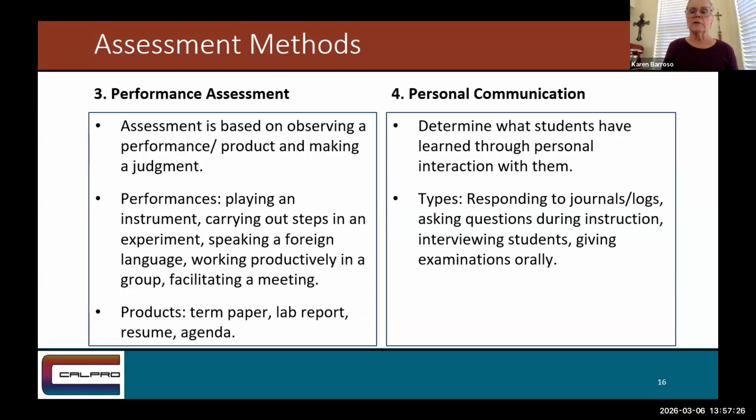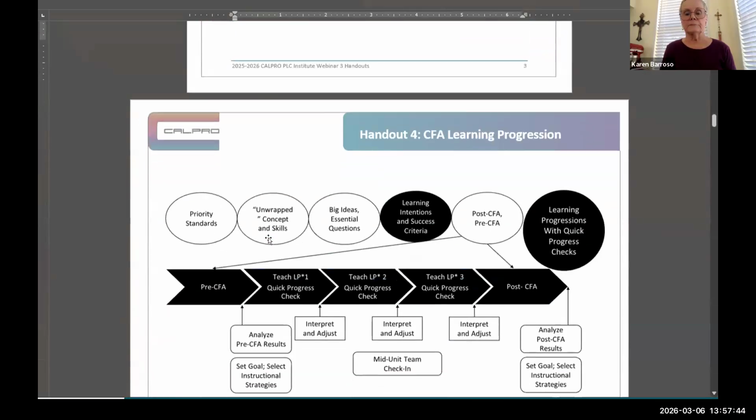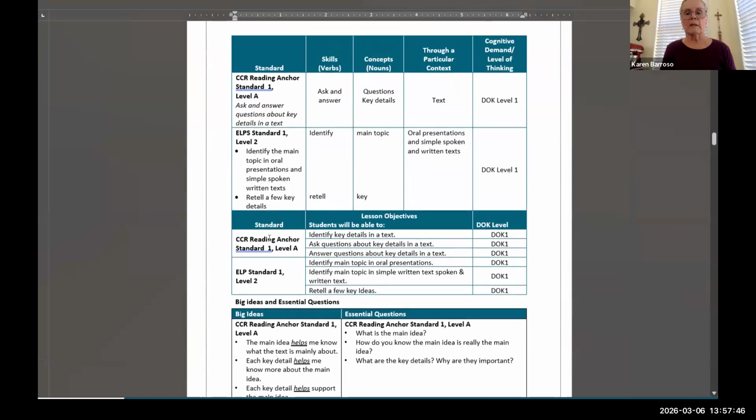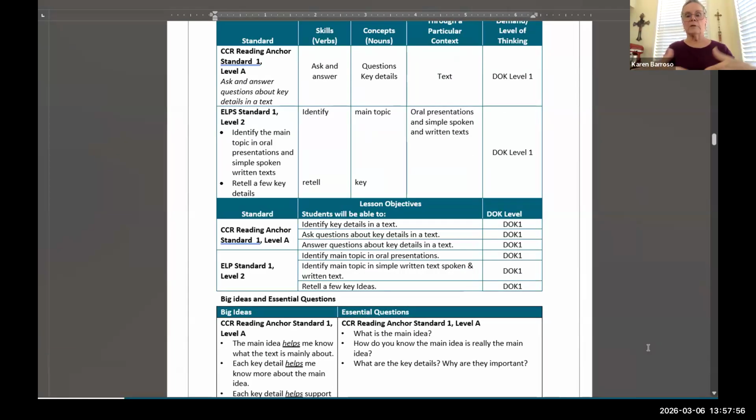So remember, you have this information. So when you're getting to common formative assessments, this is a great place to review this. Okay, so remember that we started, would you all look at handout 5 for me? Here we go. And this is the route we were taking to actually get to our common formative assessment. And then Catherine will take you through rubrics. But remember, we looked at a standard.